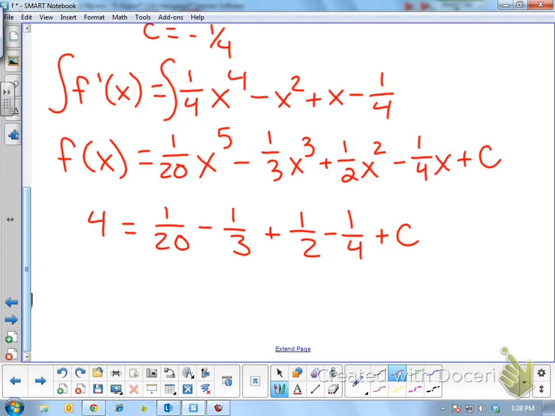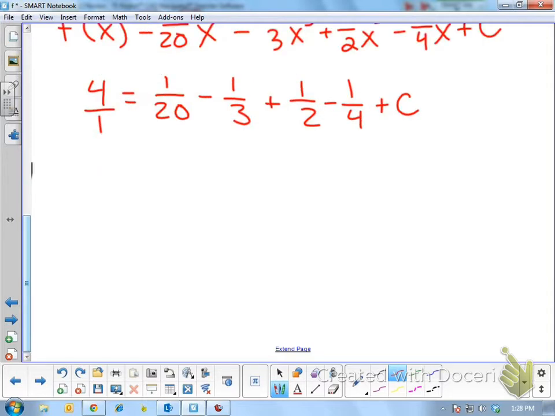So we have 4/1 times 60 would be 240 over 60. I'm going to just subtract these over so we can combine it all together.